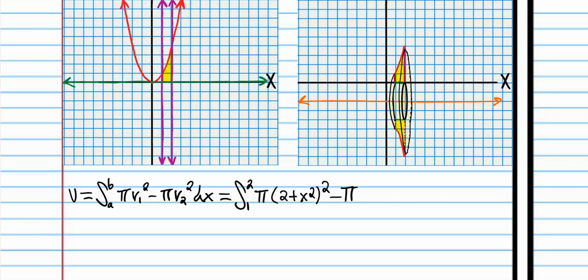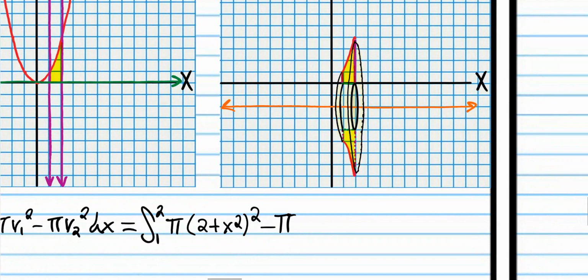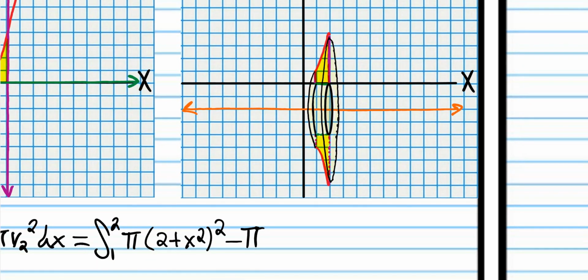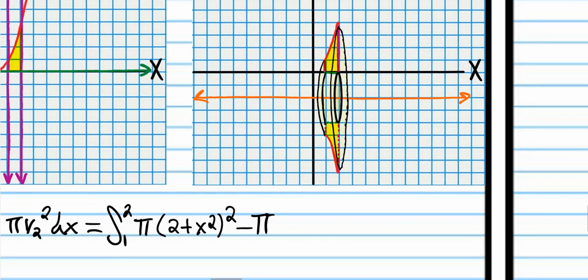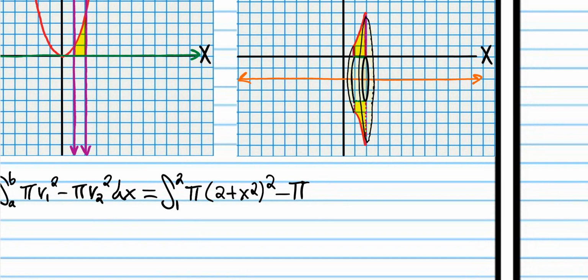So you want to look at that for a while, try to absorb that. Again, we have this pink distance, 2, and then we're going to add this pink distance, which is x squared. And that's the radius of the bigger disks. But then we're going to subtract the area of the smaller disks, and the radius of the smaller disk, well, that's just 2.